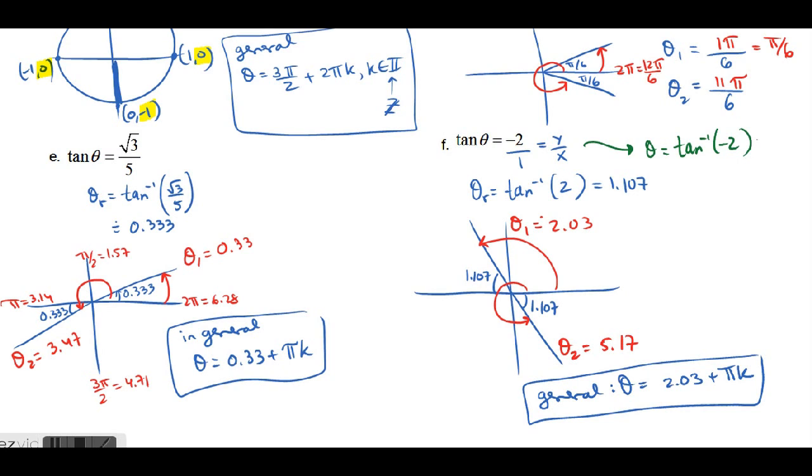I get, on the calculator, it's giving me a number negative 1.107. So this actually is the angle right here, but it's not in a positive rotation. It's a negative rotation angle. So you could still work with this, but I think it's less confusing if you find just the related acute and know that you have to label that always towards the x-axis between the terminal arm and the x-axis, and then there's no confusion where that is.